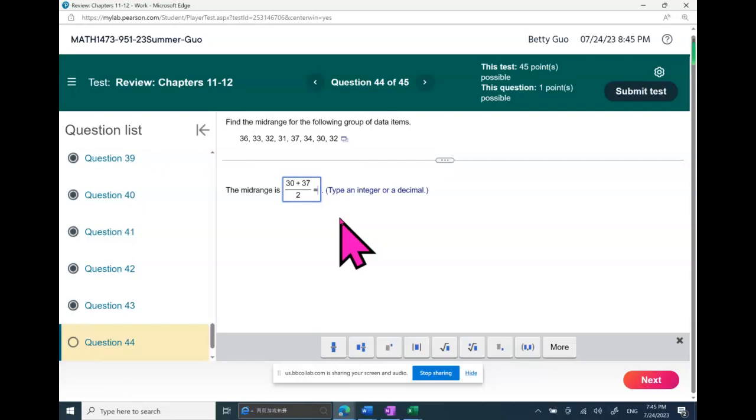We have 33.5. And let me double check one more time. Smallest number is 30. Biggest number is 37. Yeah, that's correct. Don't forget to erase those.